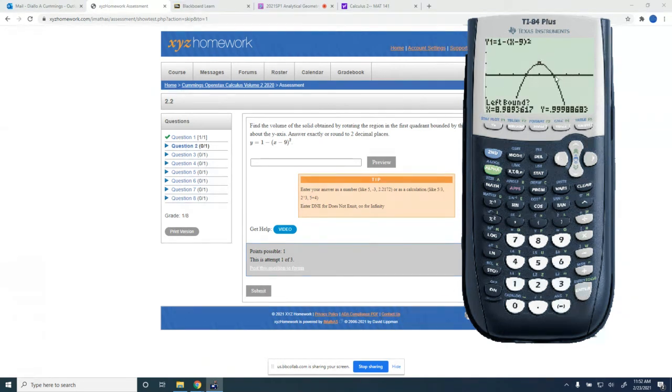Now, since we have two intercepts, we have to calculate each one separately. When you're calculating a 0 or an x-intercept, you must set a left bound, you must set a right bound, and you must guess. For left bound, that simply means I must set a point to the left of my 0. Since we're calculating this leftmost intercept first, I'm going to move the cursor somewhere to the left of that 0, and hit enter.